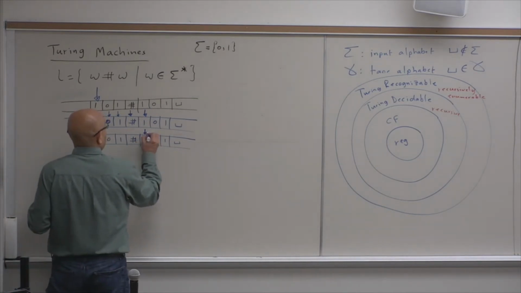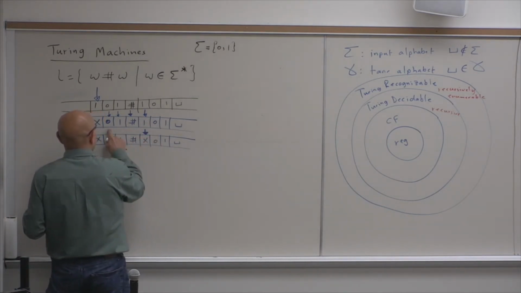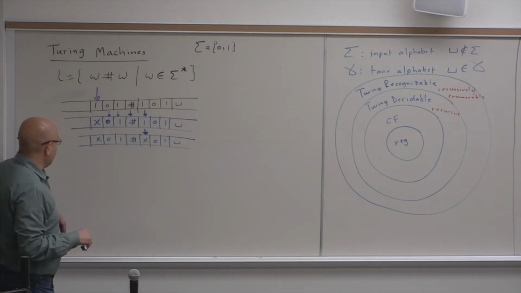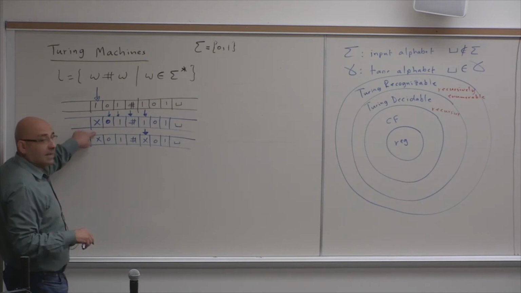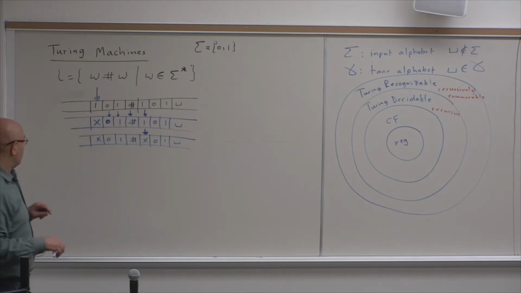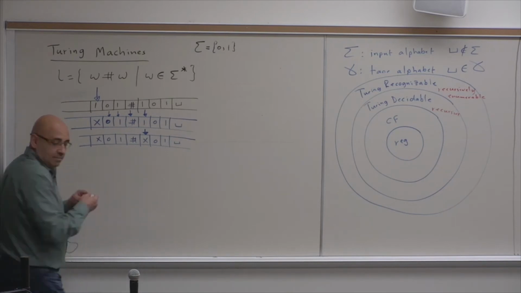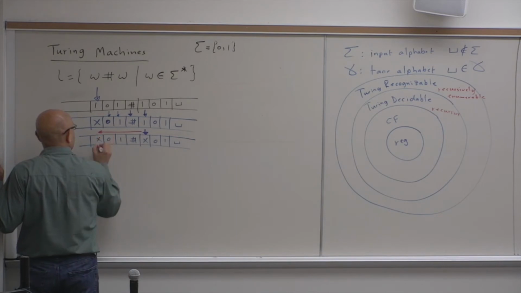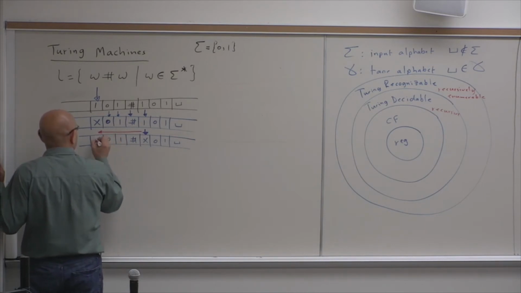It will not stop here, because it will not know that this is the first unmarked symbol. It has to go all the way to the X to find the last marked symbol. So it will have to go all the way to the left, one step at a time.